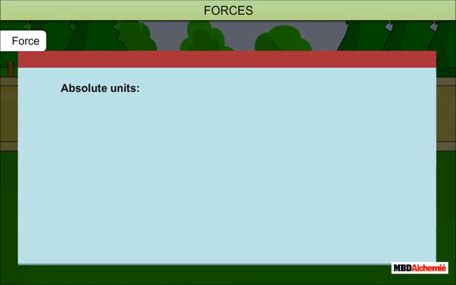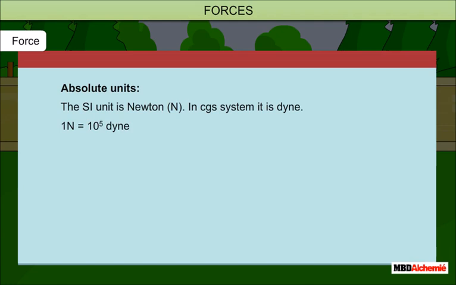Absolute units. SI unit is Newton, N. In CGS system, dyne. 1 N is equal to 10 to the power 5 dyne. Gravitational units.